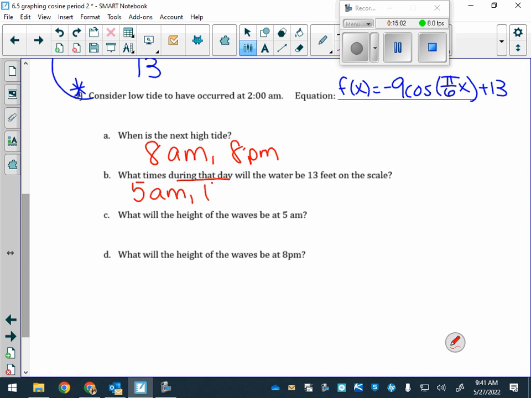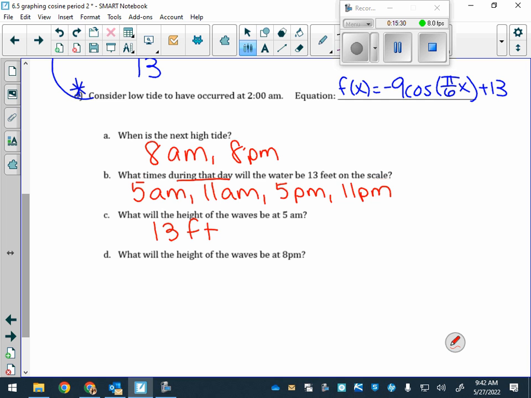Yep. Excellent. Sorry, I read that wrong. What times during that day? Okay, that's a key word. If it was during the day, it would be 5 and 11. Or maybe 5 p.m. and 11 p.m. Okay, good. What will the height of the waves be at 5 a.m.? Go ahead. 13 feet. Excellent.